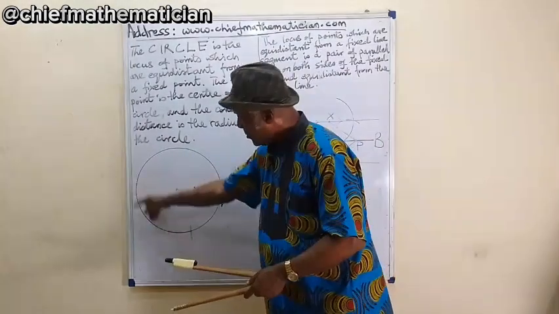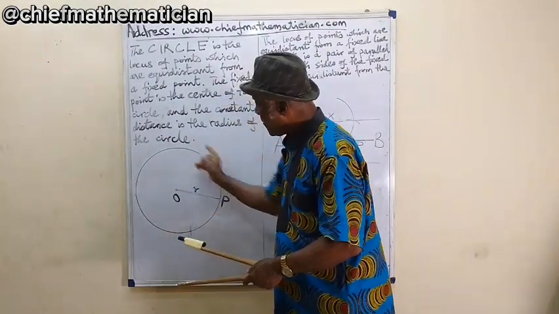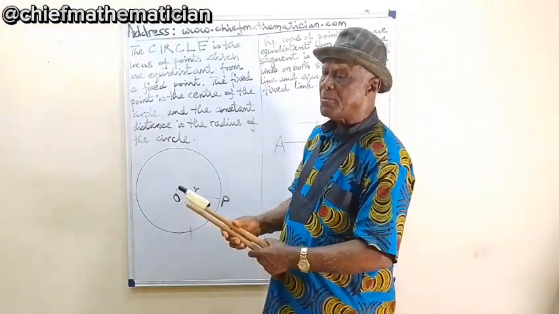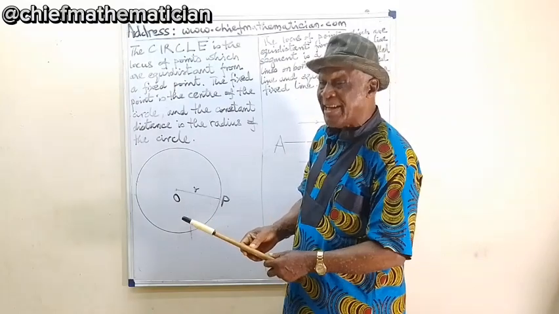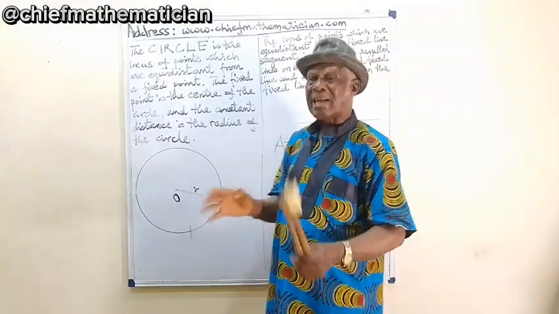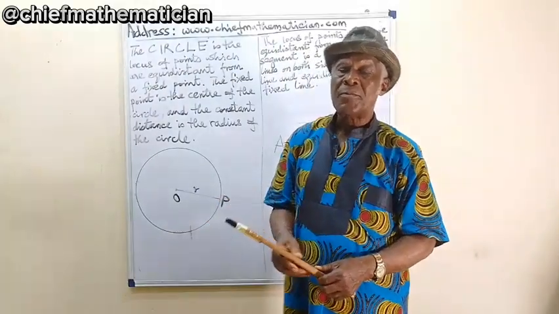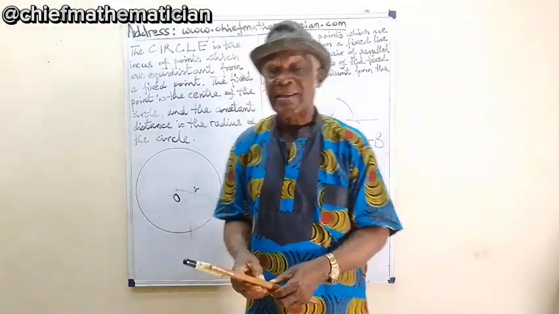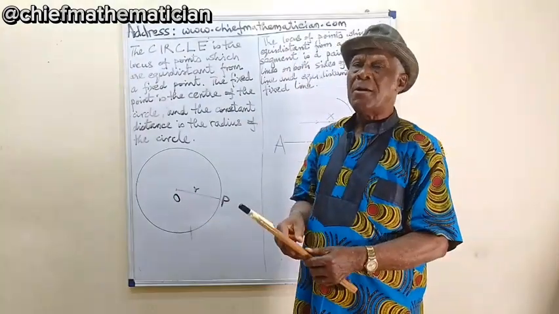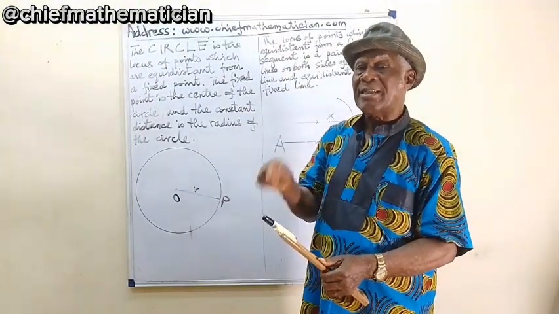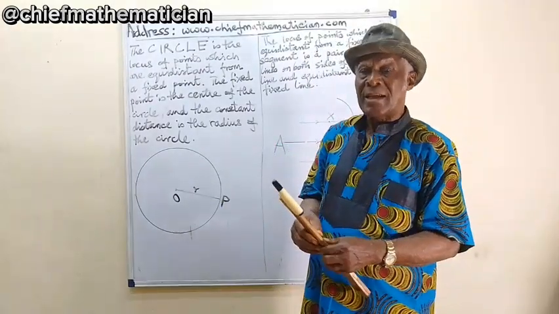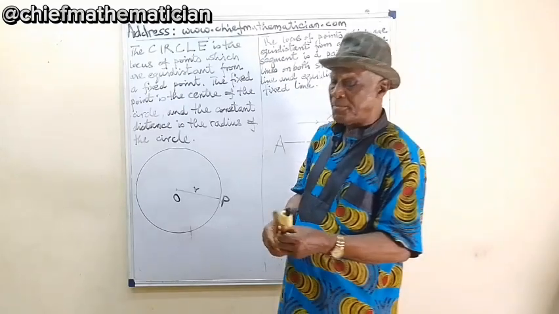So this circle, this circumference, is the locus of points which are equidistant from a fixed point. Take note that the circle is the locus of points which are equidistant from a fixed point. That fixed point is the center of the circle, and that constant distance is the radius of the circle.